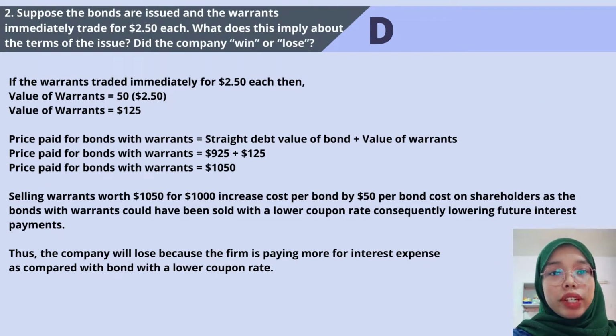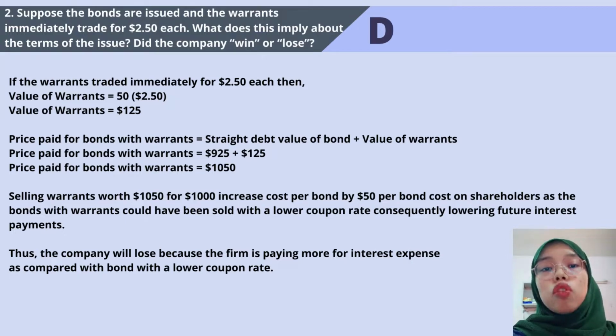For the next question, suppose the bonds are issued and the warrants immediately trade for $2.50 each. What does this imply about the terms of the issue? Did the company win or lose? If the warrants traded immediately for $2.50 each, then the value of warrants is 50 times $2.50, which is $125.